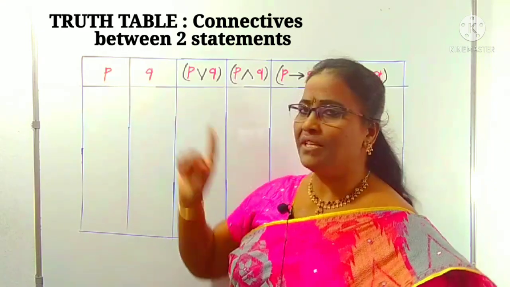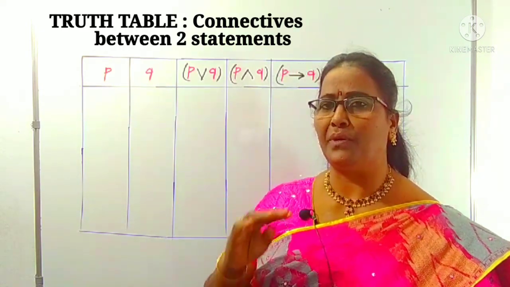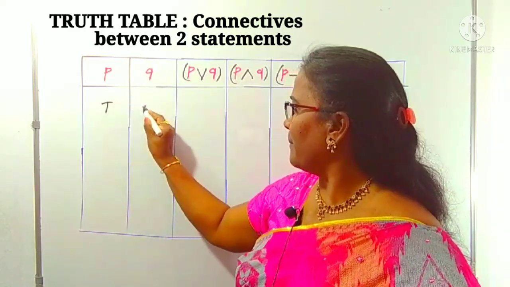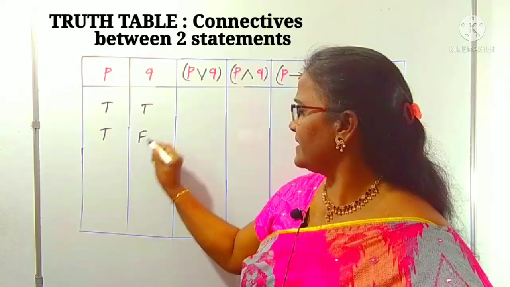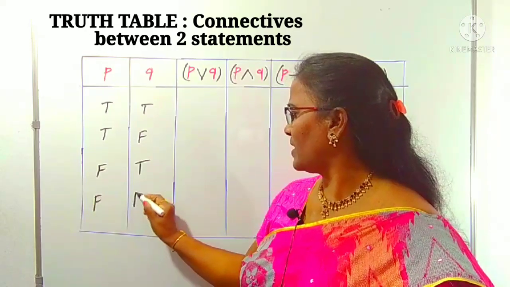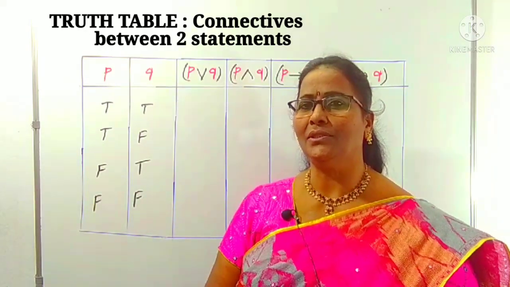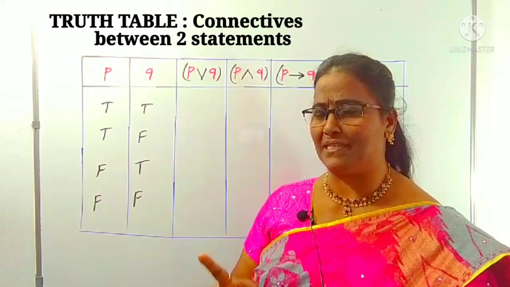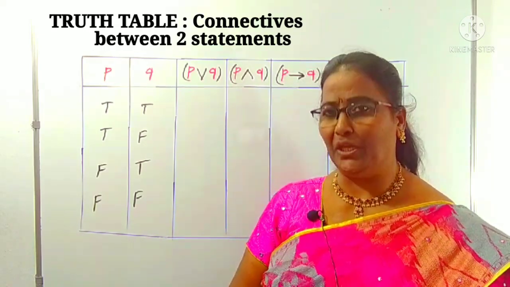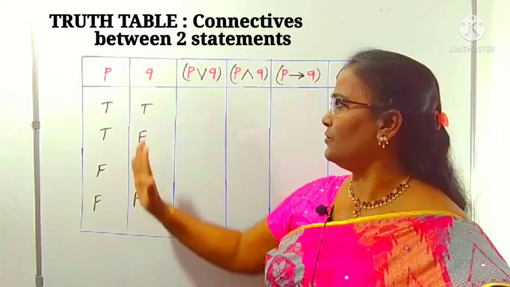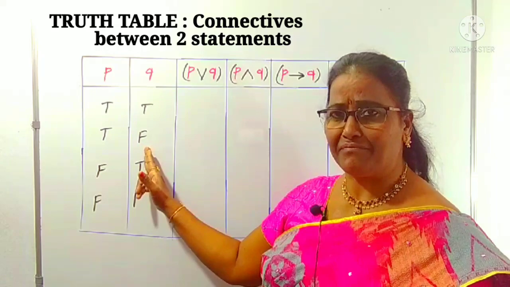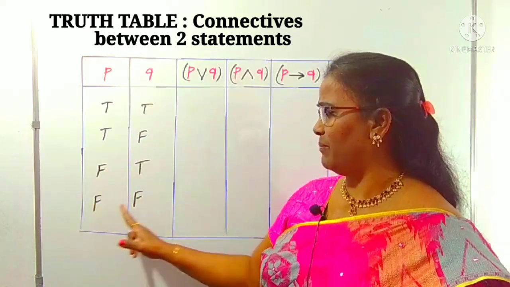There are four possible truth values: both are T, first one T and second one F, first one F and second one T, both are F. If there are three different statements, there will be 8 truth values.